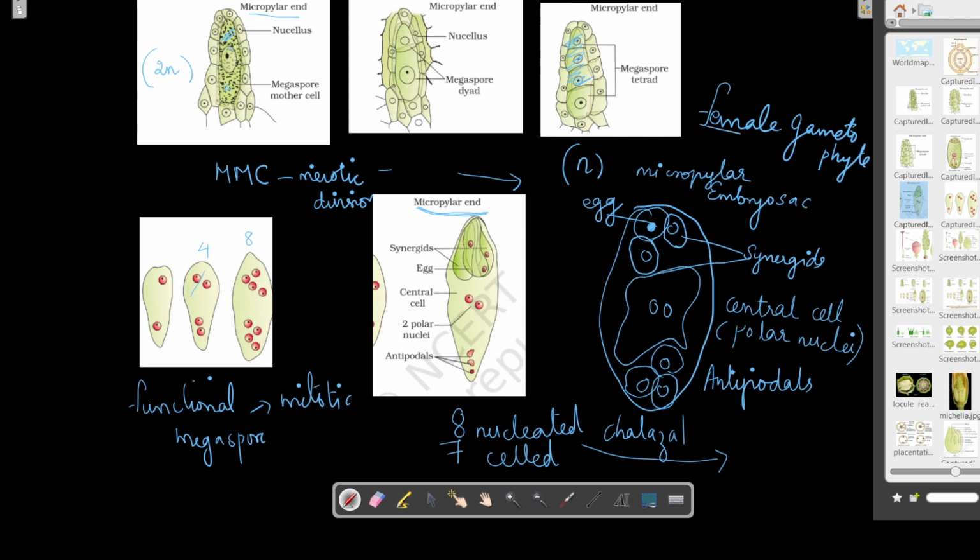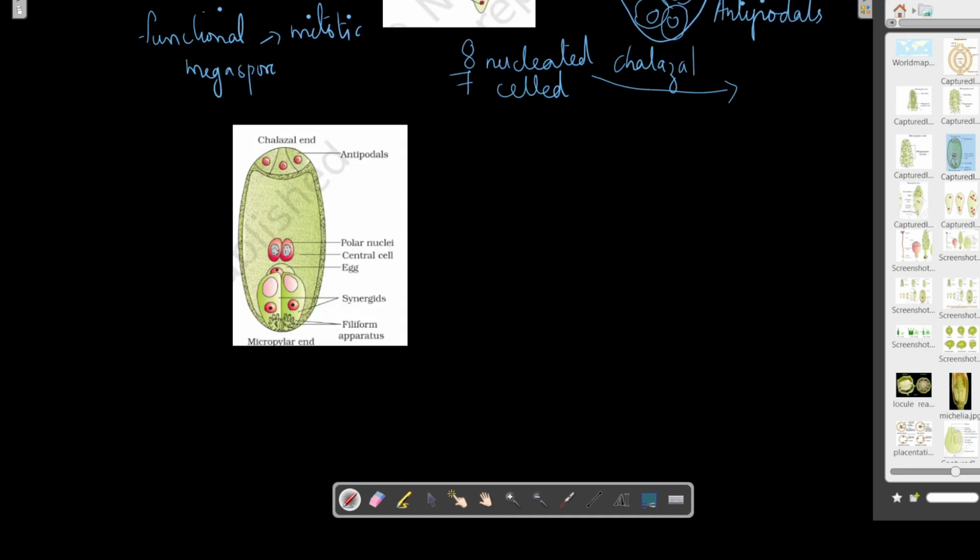So now we have learned the transformation from megasporangium to female gametophyte, which is carrying the female gamete. This is the fully developed embryo sac or female gametophyte with all 7 cells and 8 nuclei. You can see here they have shown the chalazal end.